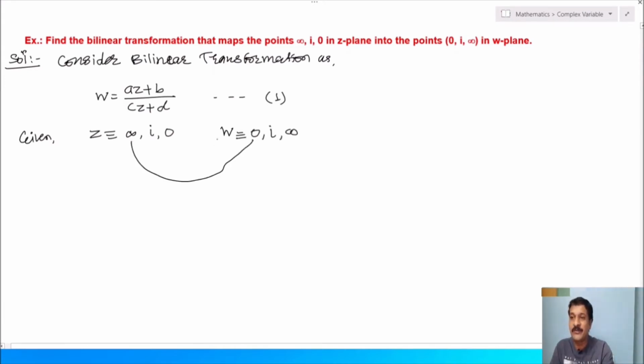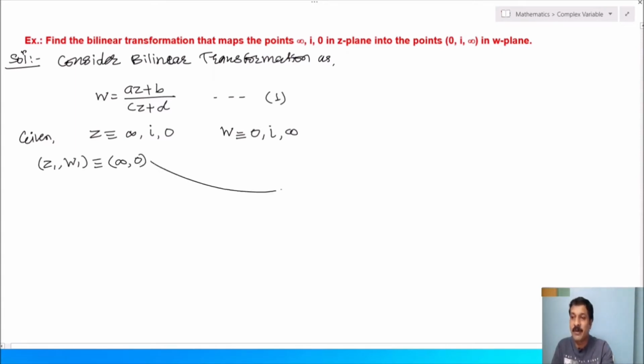When Z equal to infinity, the corresponding W value is 0. When Z equal to I, the corresponding W value is I. When Z equal to 0, the corresponding W value is infinity. So if we put these values, first consider the first pair, Z1 and W1, that is infinity and 0.